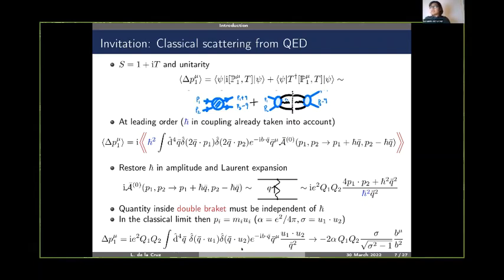And then my expression in the classical limit becomes this one, which I can integrate, and I obtain my first correction to the impulse. This is the change in momentum of particle 1 during the collision.